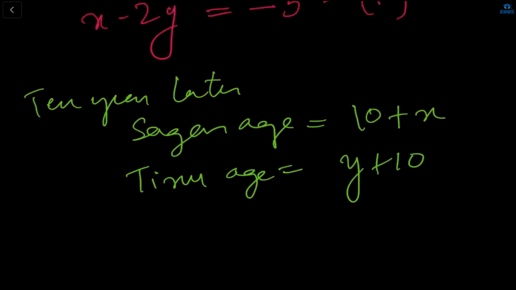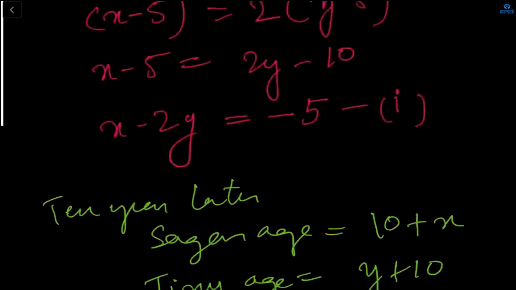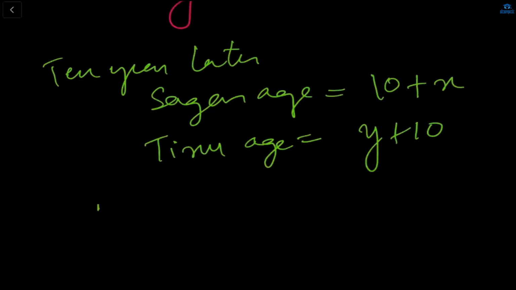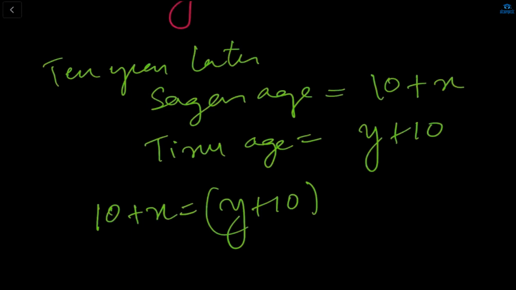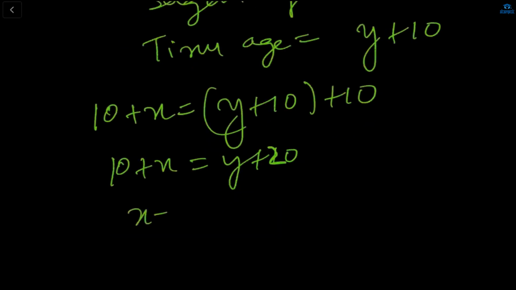Now the equation: Sagar's age will be 10 more than Piru's, so x plus 10 is equal to y plus 10 plus 10, which is y plus 20. Solving, x minus y is equal to 10. This is your second equation.